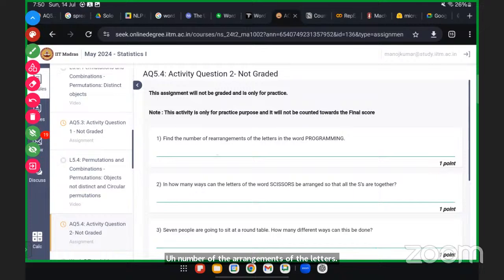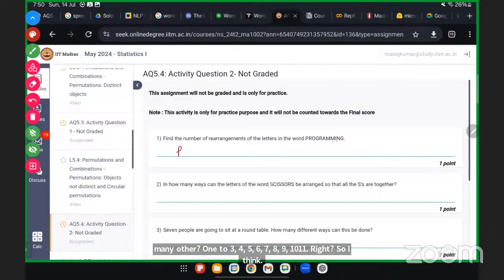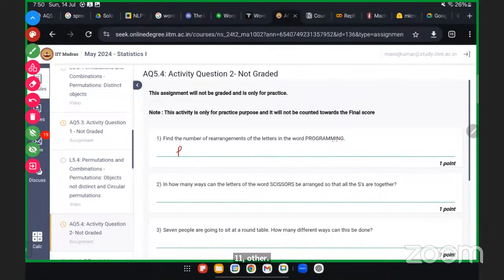So rearrangement, right? You are choosing all of them, but just arranging them. So how many are there? 1, 2, 3, 4, 5, 6, 7, 8, 9, 10, 11. So 11 are there. But let me put a count of this. P is once. R is twice.